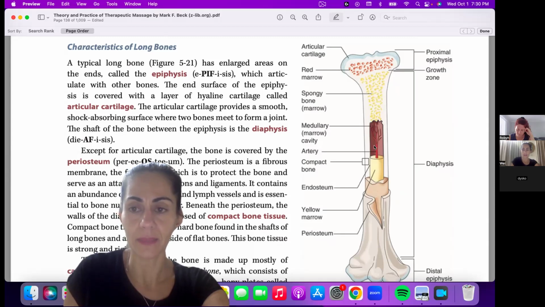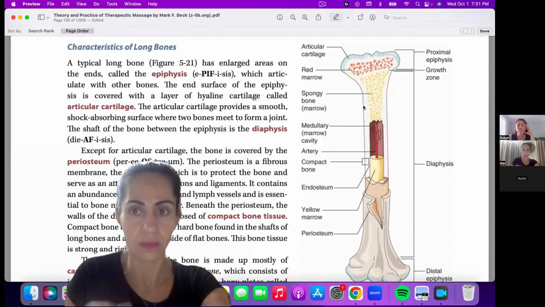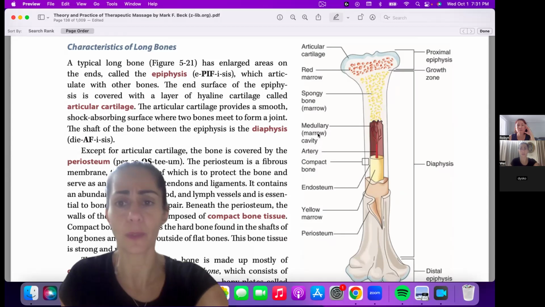Inside the bone there's a cavity where we find the spongy bone, or the soft bone, and the covering is going to be the hard bone, or compact bone. The outer covering is the periosteum, and the inner part, where you find the bone marrow, is the softer bone.